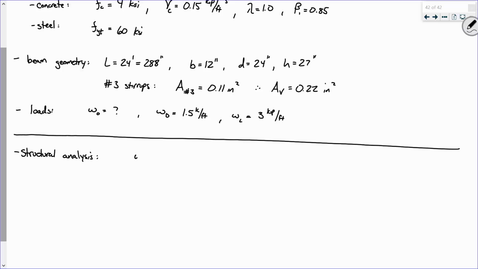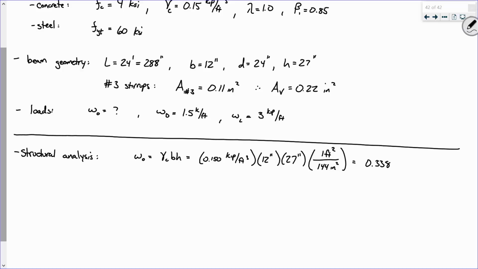So we'll say b is 12 inches, h is 27 inches. Anybody got a problem with that? And what do we got? 0.3375 or 0.338? Close enough? All right.